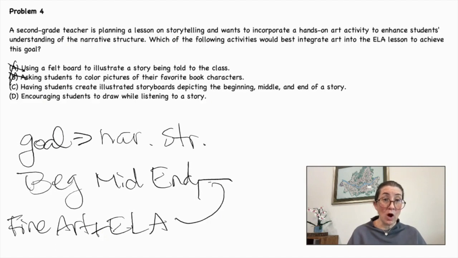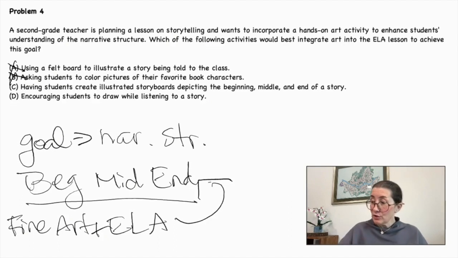Encouraging students to draw while listening to the story. An interesting idea, but not combining the two in order for them to understand the structure. So also not the correct answer. Having students create illustrated storyboards depicting the beginning, middle, and end of the story will absolutely achieve the goals of the teacher.